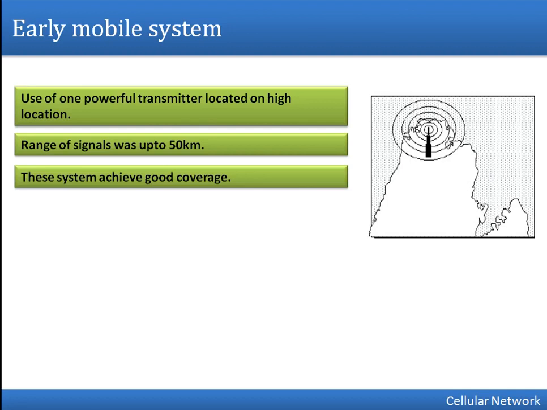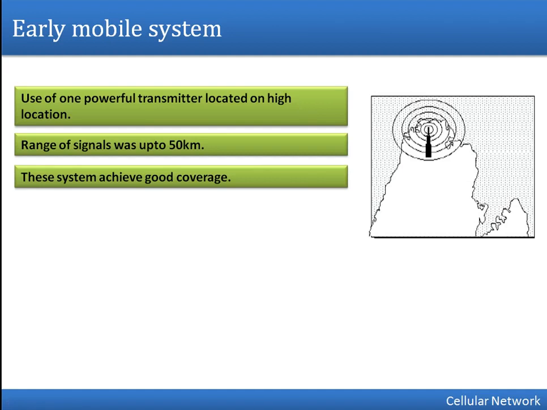In order to cover this range, this transmitter needs a lot of power. So these are the points of this traditional approach: a single but very powerful transmitter, and only one transmitter used to cover the entire region.